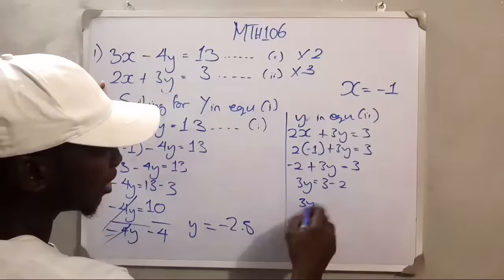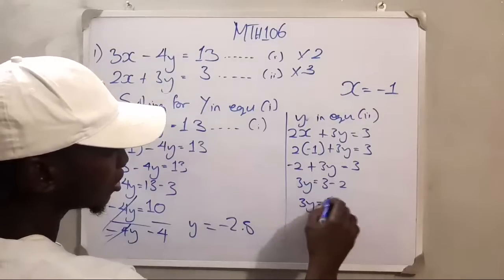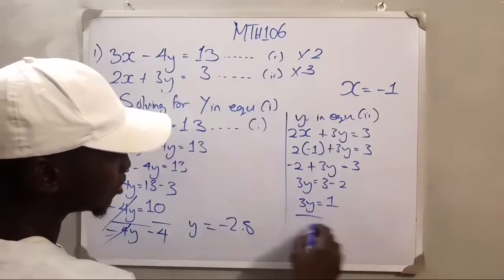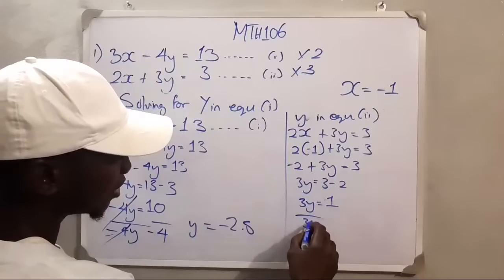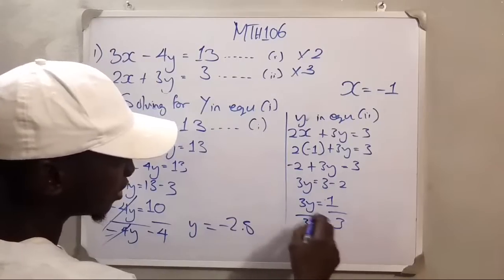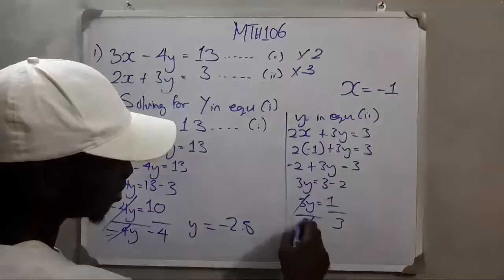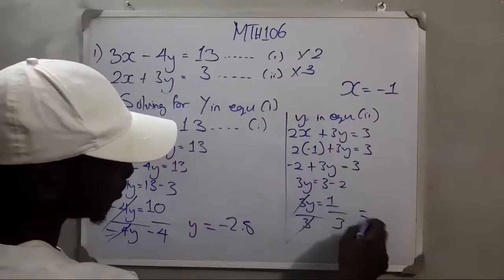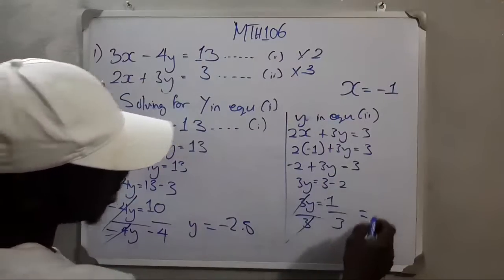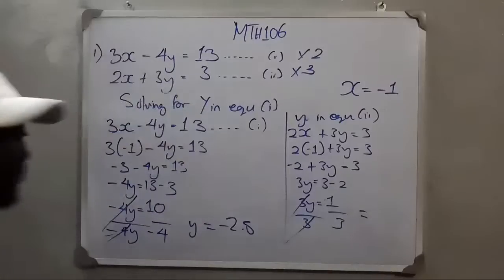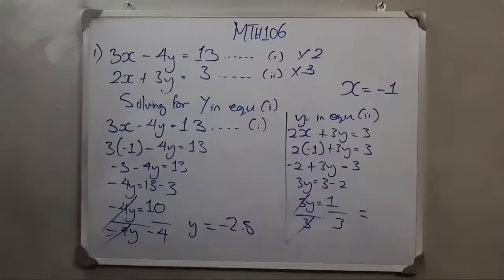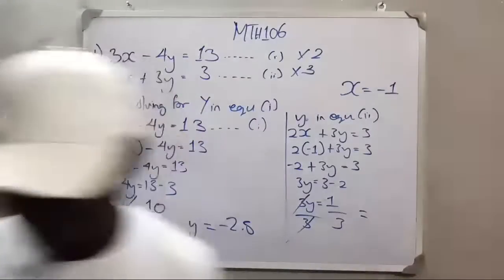We have 3y equals 1. So we have 3, this cancels this. Alright, so we have 1 divided by, it's going to be decimal. So Miss Blessing, how did you come about getting 3?